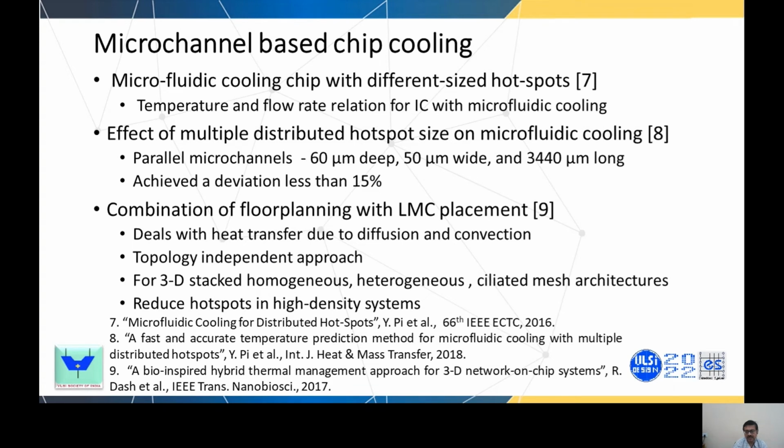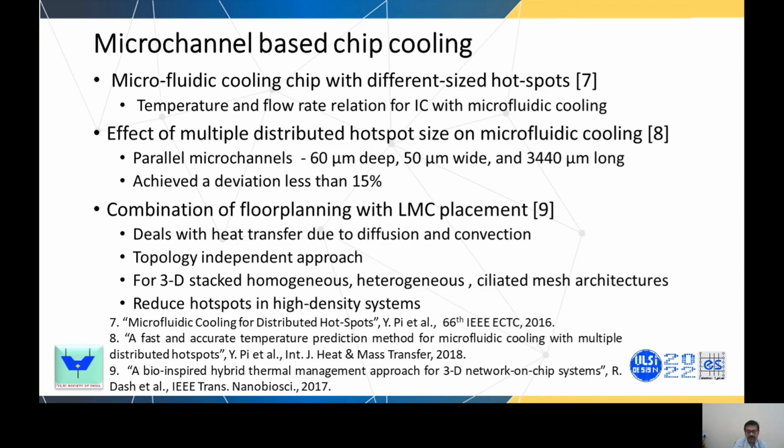Apart from this, in the last decade, microfluidic cooling has been done using continuous flow liquid microchannels, which are implanted within the chip substrate during design time.